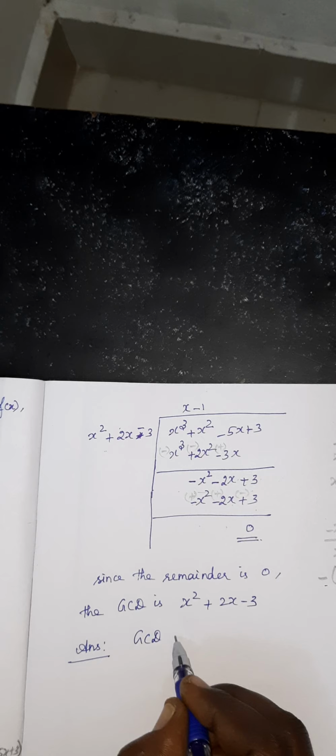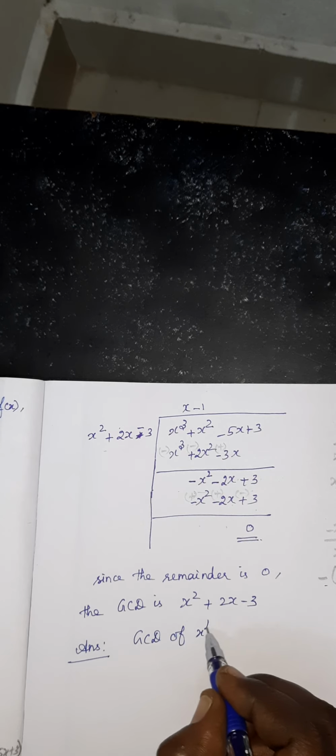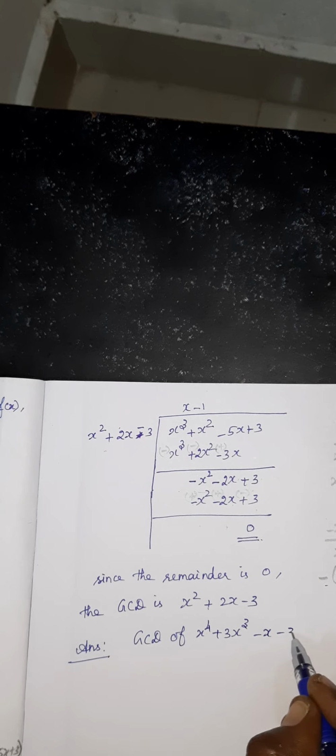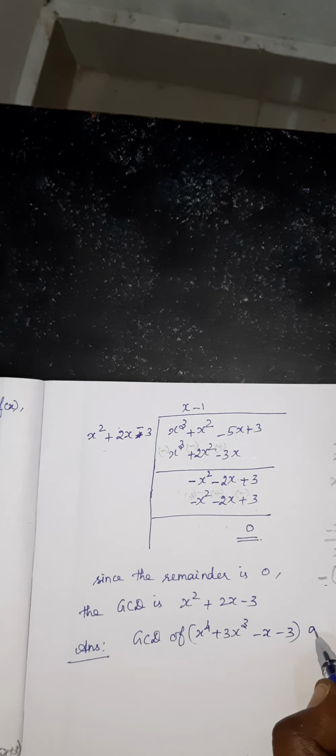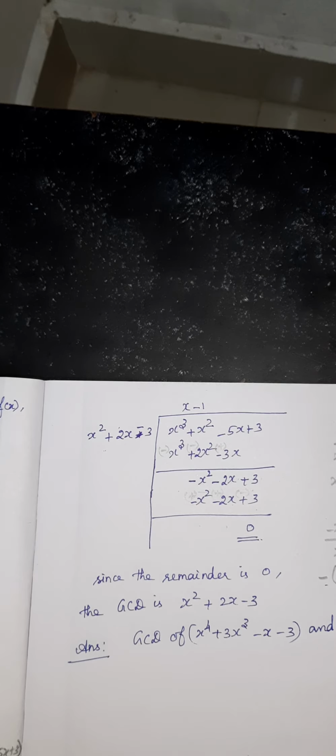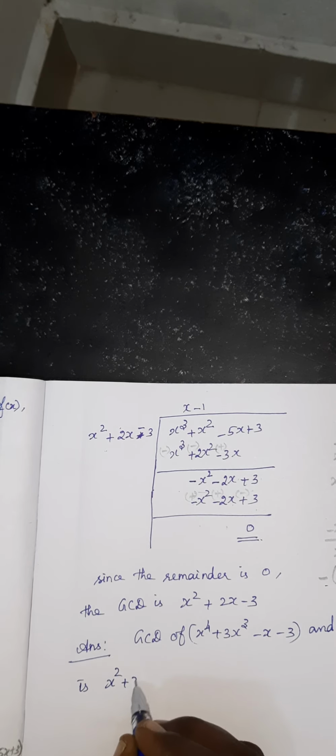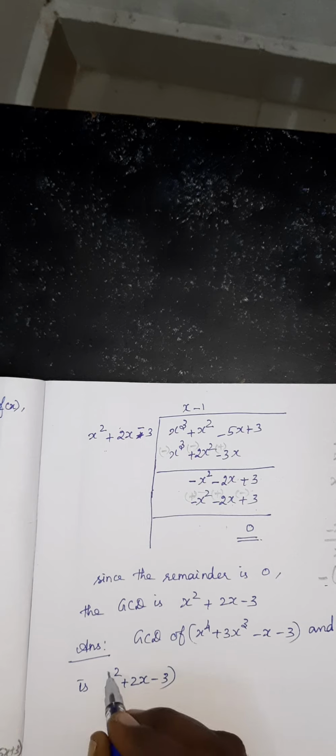GCD of x power 4 plus 3x cube minus x minus 3 and x cube plus x square minus 5x plus 3 is x square plus 2x minus 3. Understood?